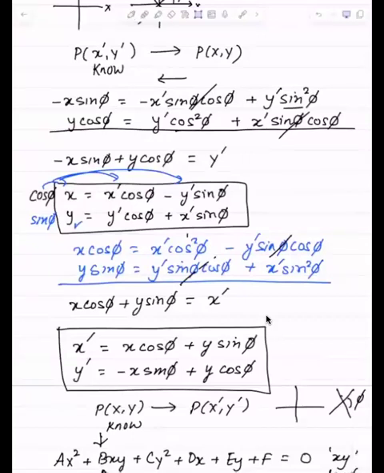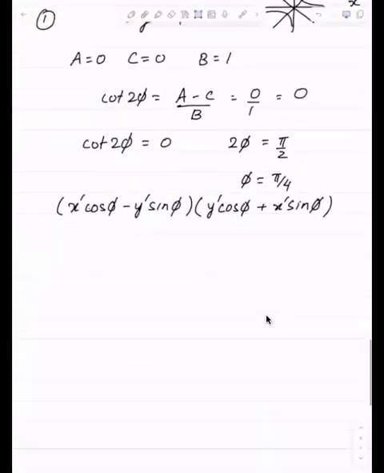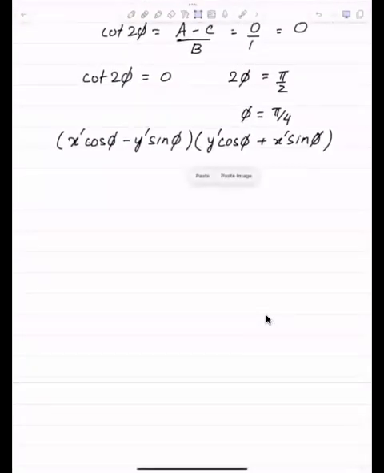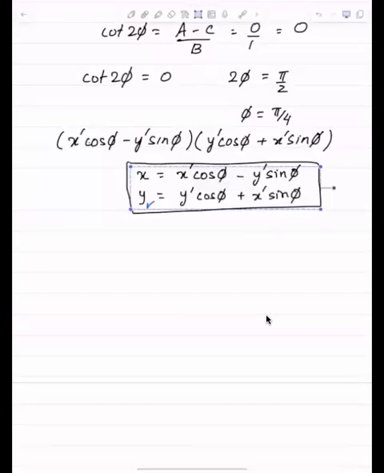We'll bring it over to make sure we did it right. The x is x prime cosine phi minus y prime sine phi, and the y equals y prime cosine phi plus x prime sine phi, and this equals 1. But now we know the angle is 45 degrees.